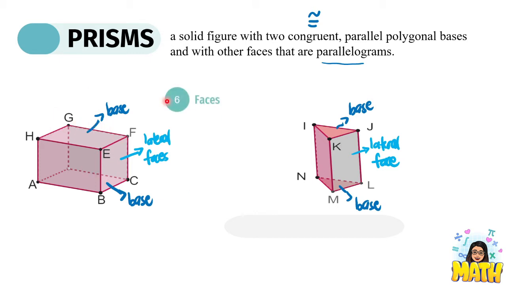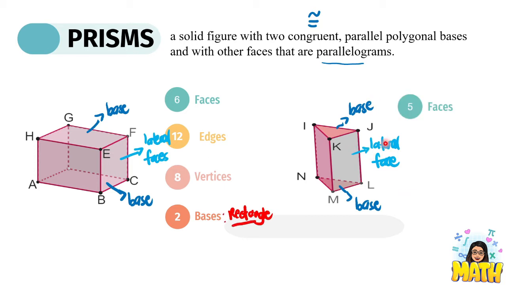We can see that it has 6 faces, 12 edges, and 8 vertices, just like a cube a while ago, but this is not considered as a cube since we have the bases here na rectangular in shape. Okay? For the second prism, it has 5 faces, 2 for the bases and 3 for the lateral faces.